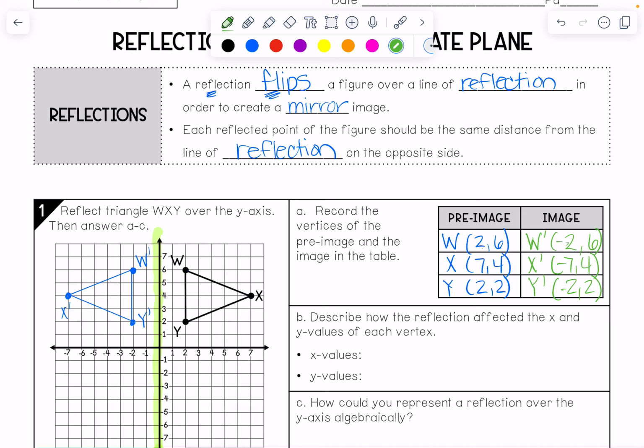So the X values became the opposite. And then if I look at what happened to the Y values, W was at 6 and W prime was still at 6 as its Y coordinate. So the Y values stayed the same.